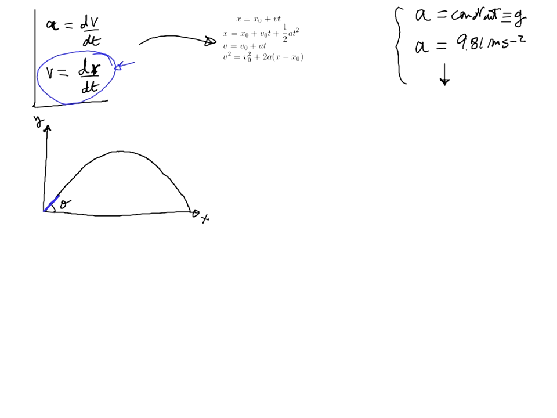Which means that we can plot our velocity vector at any point by drawing the slope, and the slope at any point will be our velocity. The initial velocity at t equals 0 will be our initial velocity. This one.